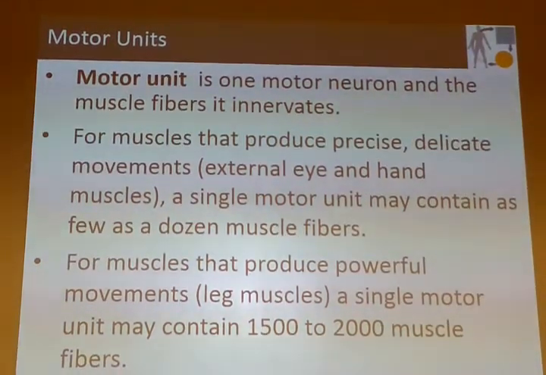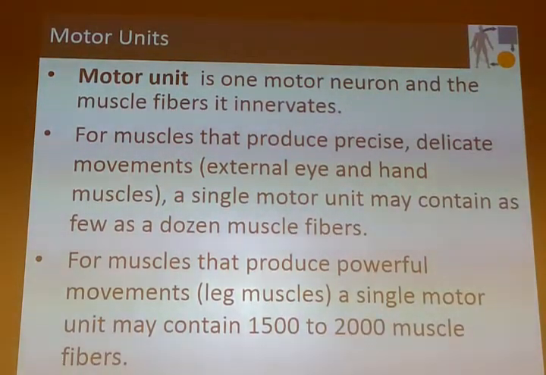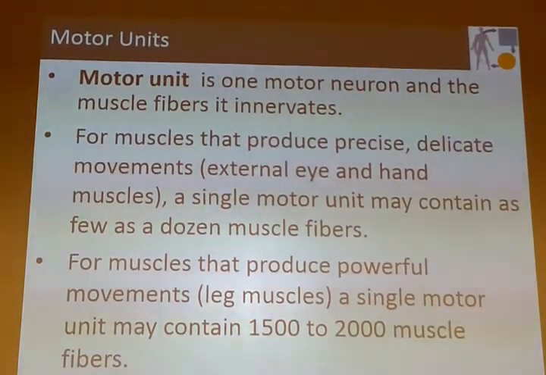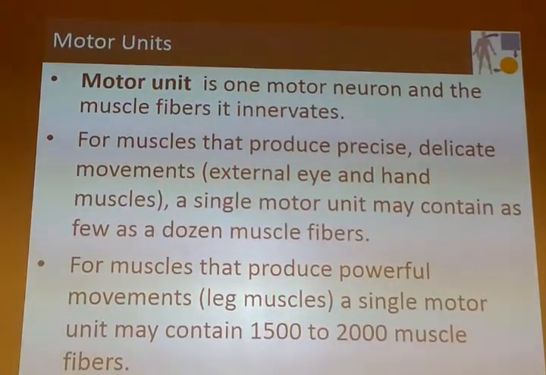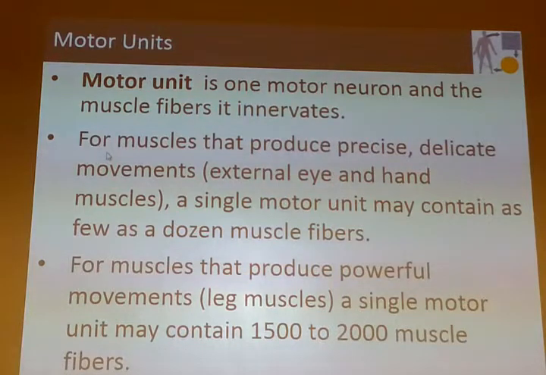Why? Because there also is a gamma. So we're going to be talking about alpha and gamma motor neurons. Alpha motor neurons run your motor units. One alpha motor neuron recruits X number of muscles, and that's your motor unit.